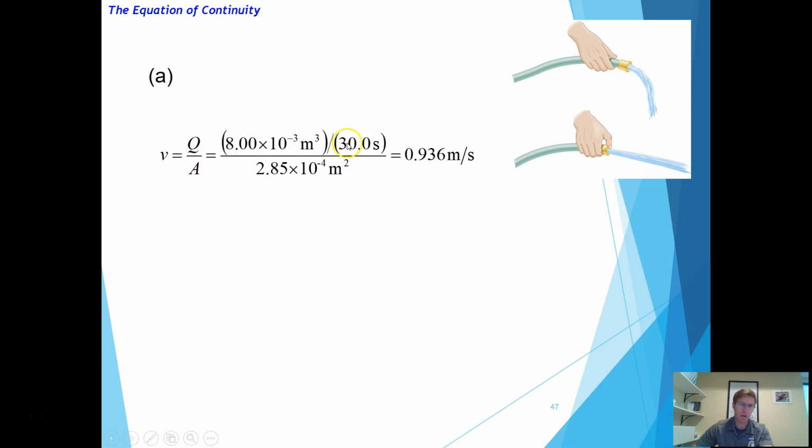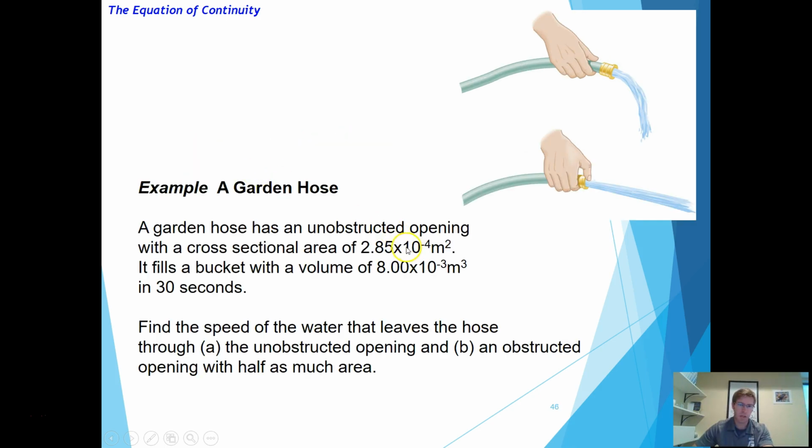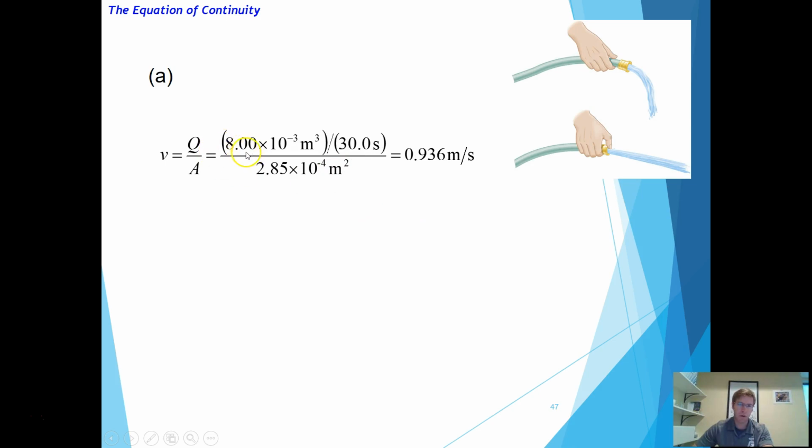Volumetric flow rate is volume divided by time, and the area was already given to us in the problem statement. So our volume, 8 times 10 to the negative third meters cubed, divided by the 30 seconds, and then divided by the area, we find, boom, that we get a box-worthy speed of 0.936 meters per second.